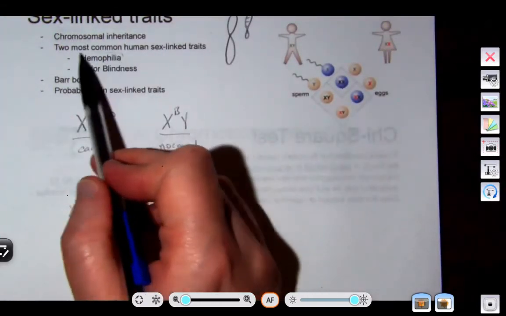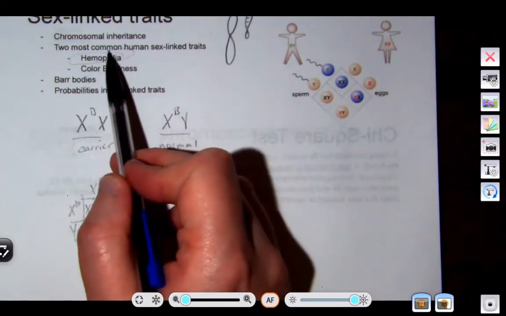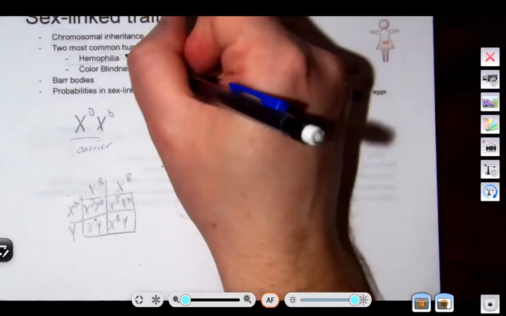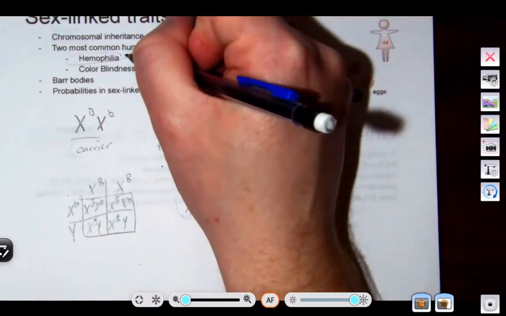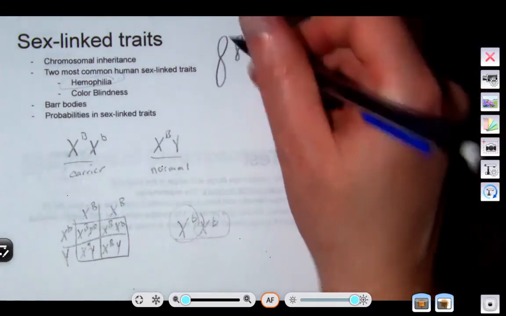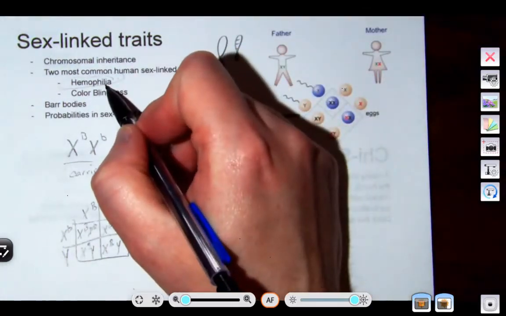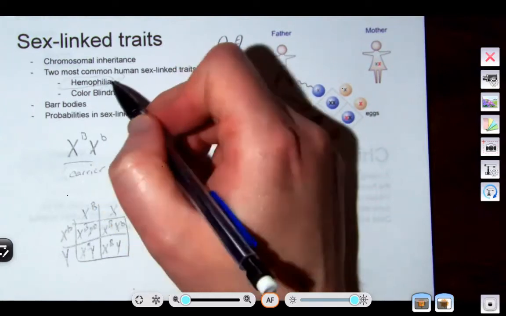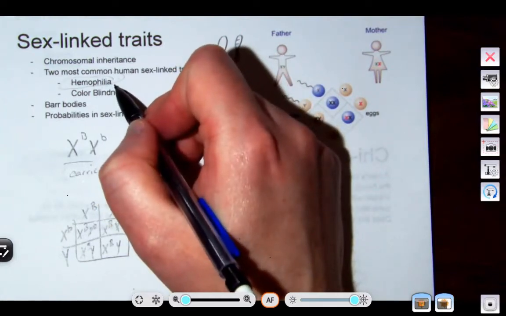Hemophilia is a bleeding disorder, and it was somewhat common in European royalty. There's a bad gene on the X chromosome, because the X is much bigger and carries lots of genes. Queen Victoria ended up with a random mutation that caused hemophilia, and she had a lot of kids.